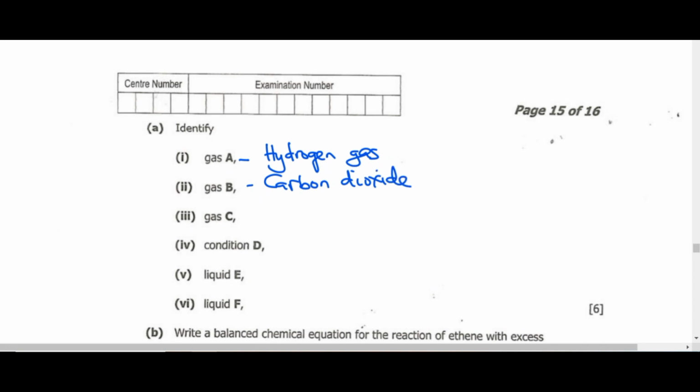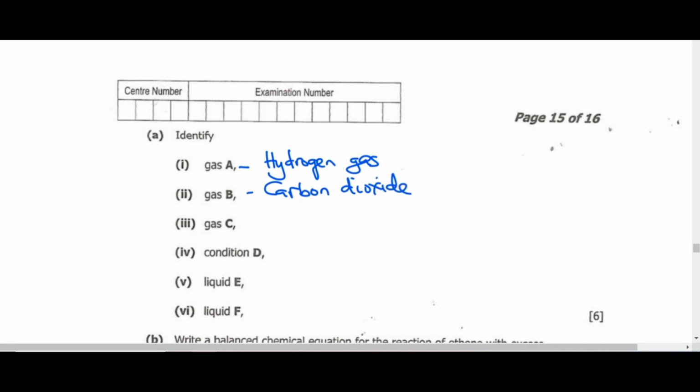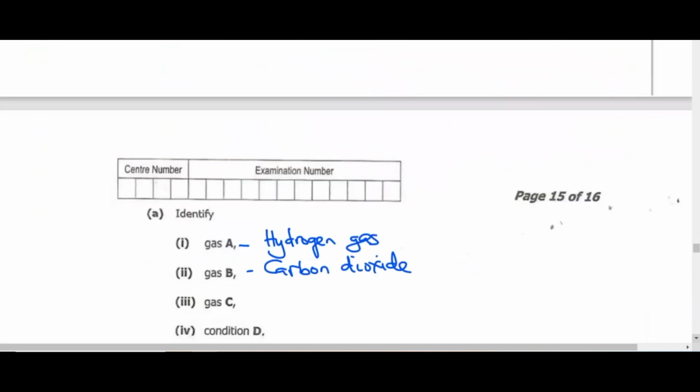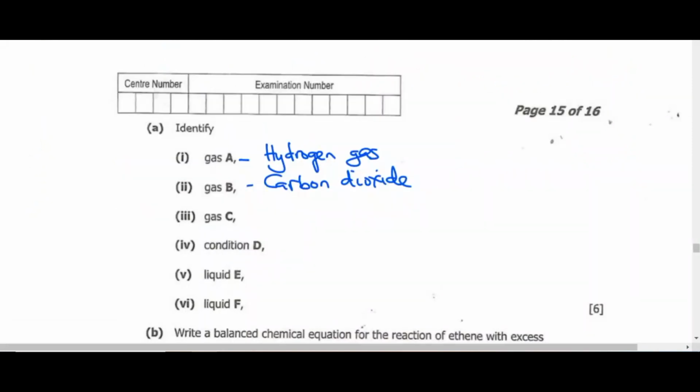And then gas C, where is gas C? Gas C is chlorine gas. And then we have condition D, that is what we said, sunlight, or we can say light energy.